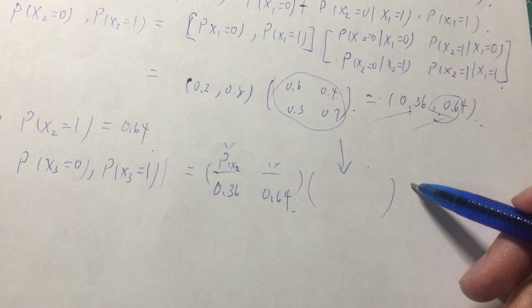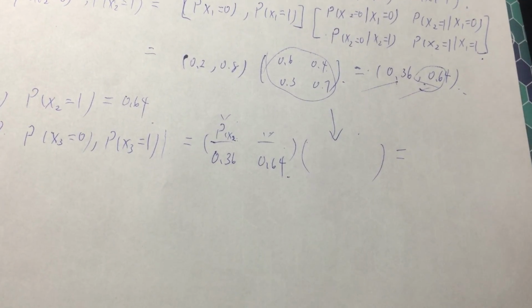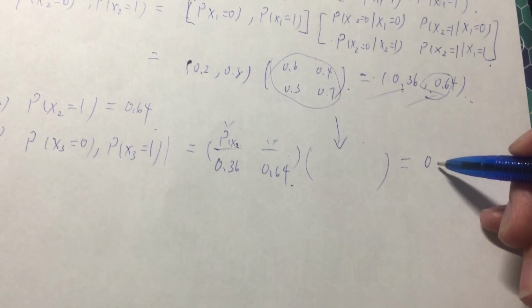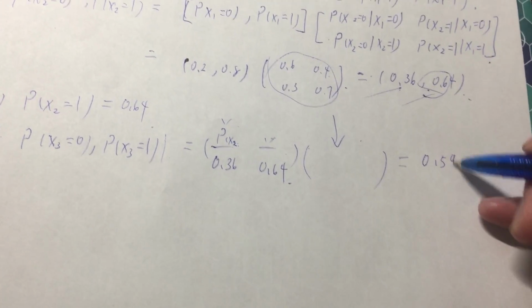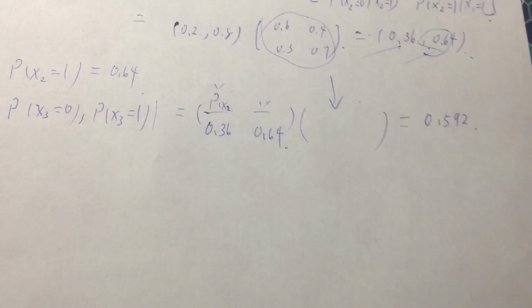So through the calculation, we can observe the consequence is 0.592. So part B is over.